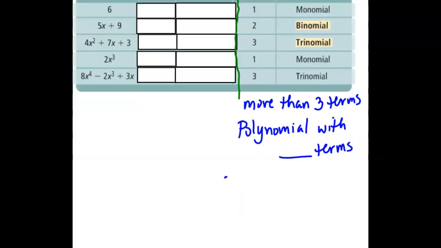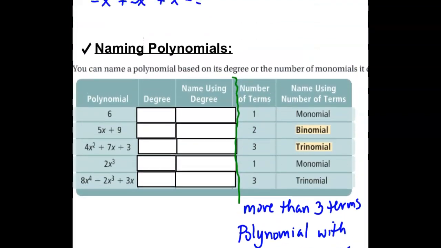All right, let's go back and now look at how we classify them based on their degree. Okay? So in the first one, do we have any x's? It's a plain 6, right? Remember a few minutes ago when we talked about that negative 5, we said it would be negative 5x to the, if there's no x's, it's x to the 0, right? X to the 0. So we would say this is degree 0. There doesn't have any x's.